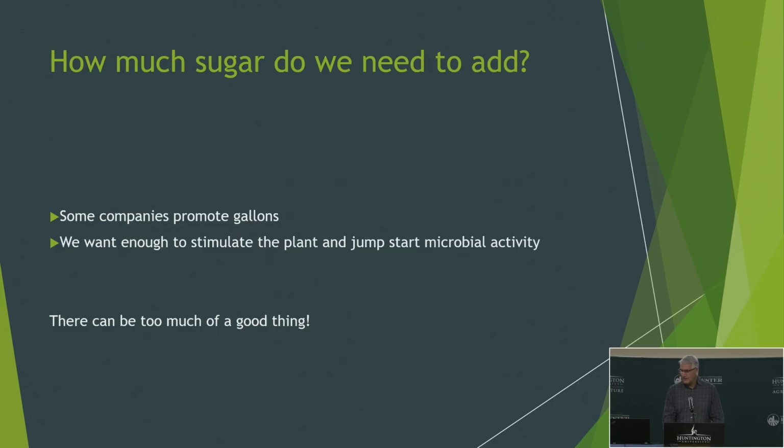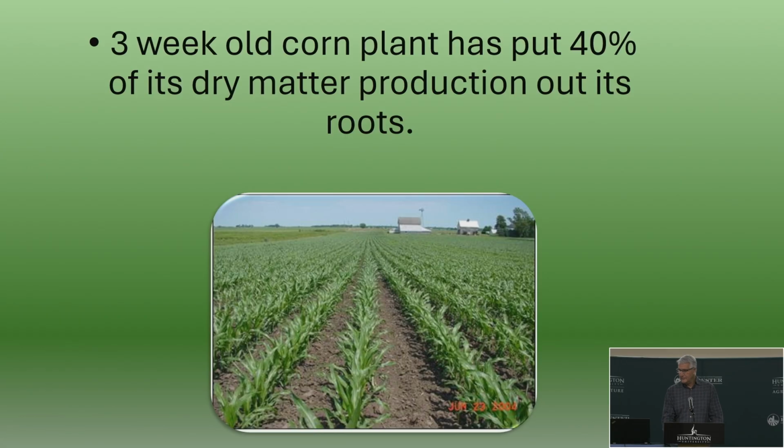So how much sugar do we need to add to our fertility program? Some companies promote adding gallons of it, but we want enough to just jumpstart the microbes, feeding them, and to stimulate the plant. There can be too much of a good thing.